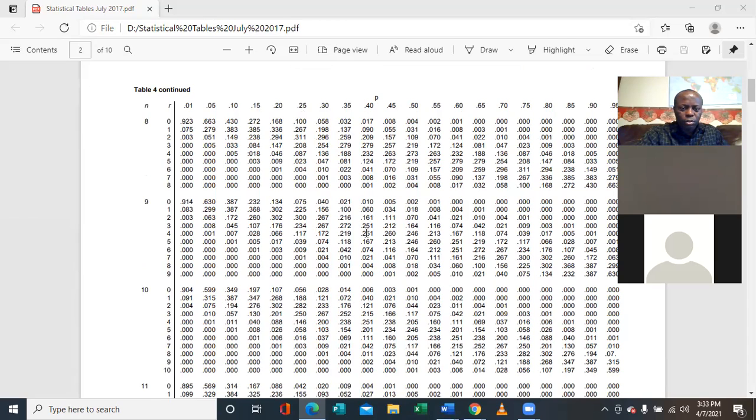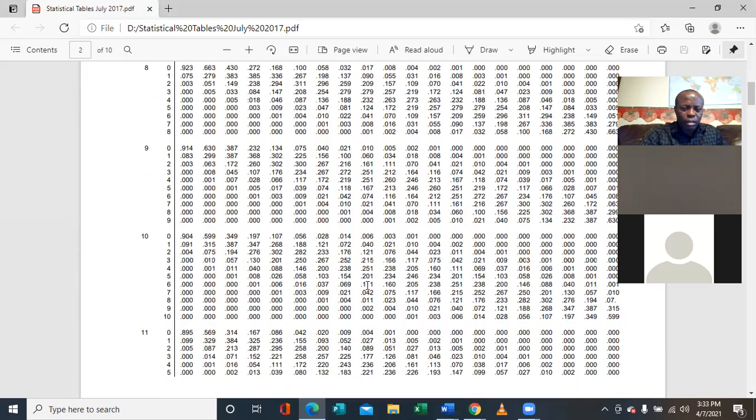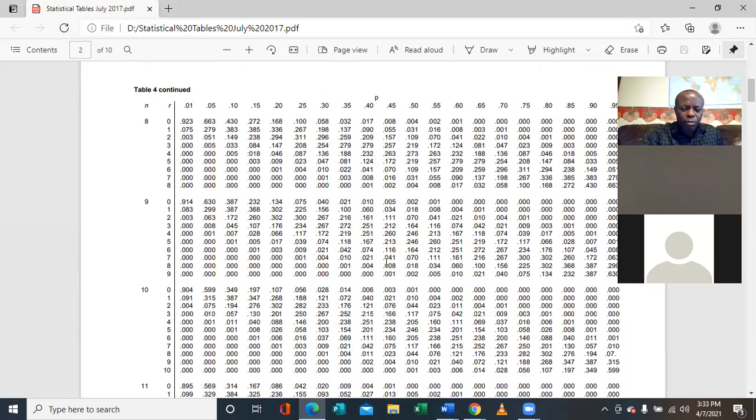So 0.4 to 3, which is here. That's where you start. You can see 2 is right here. Yeah. So now you can see the 3 right there.